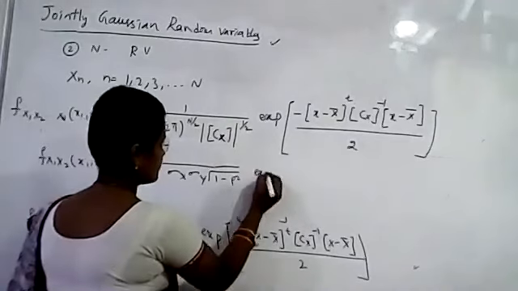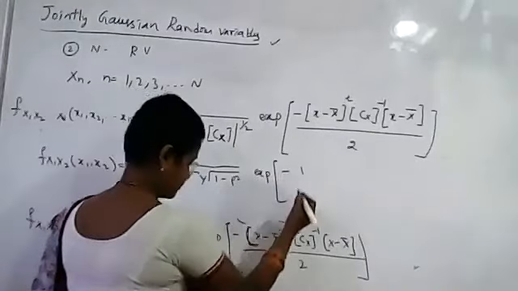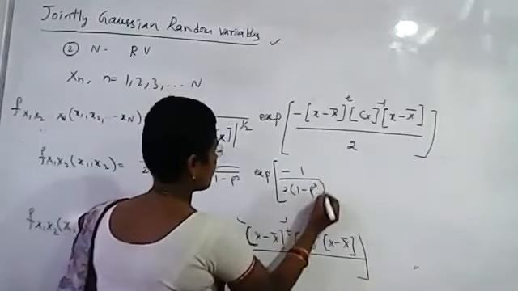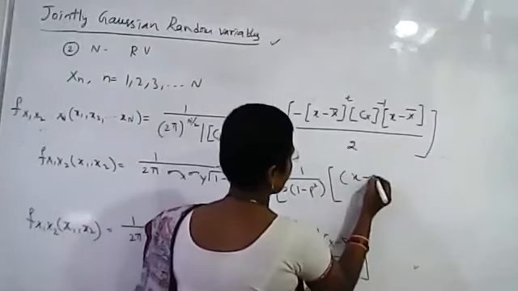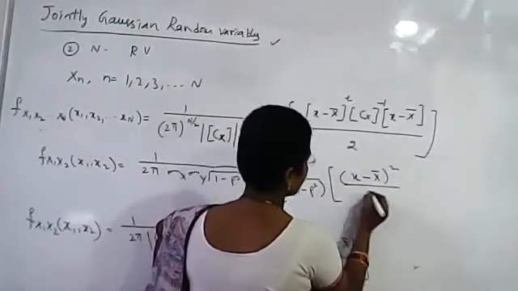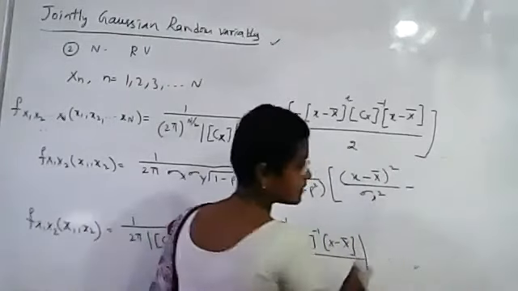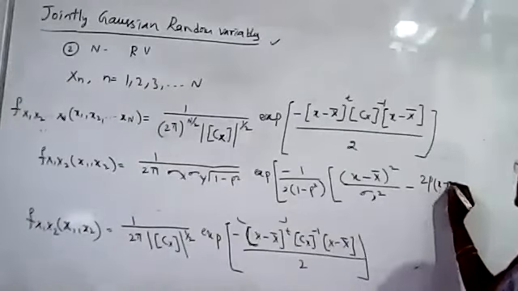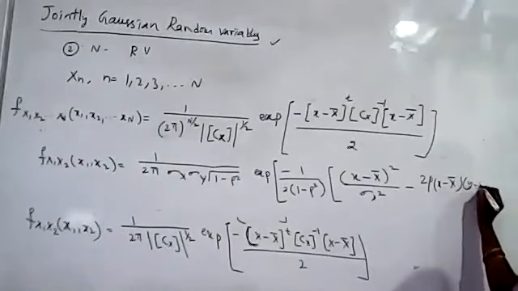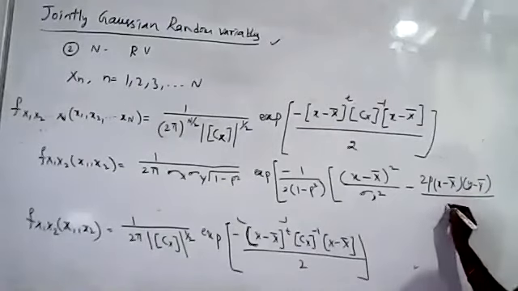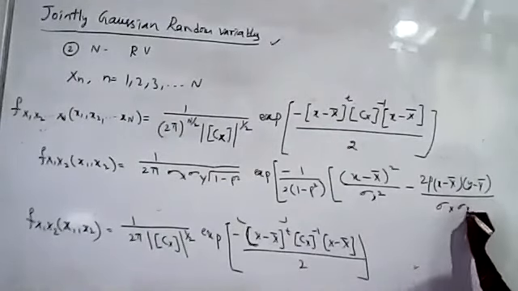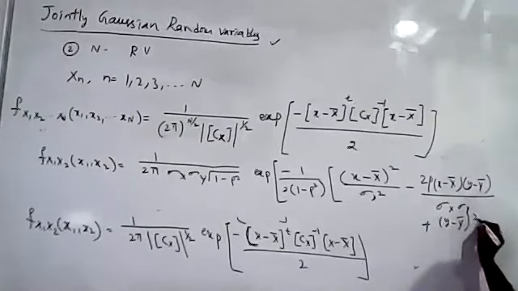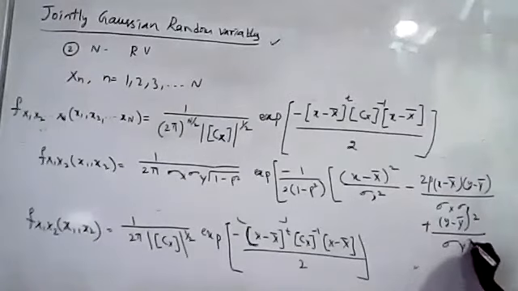Exp of minus 1 by 2 into 1 minus rho square, times x minus x bar square by sigma x square, minus 2 rho x minus x bar into y minus y bar by sigma x sigma y, plus y minus y bar square by sigma y square.